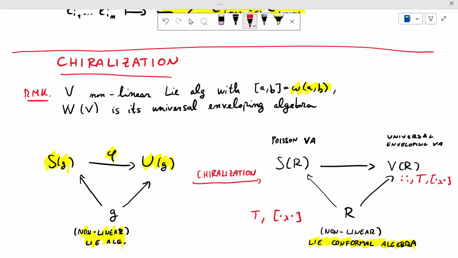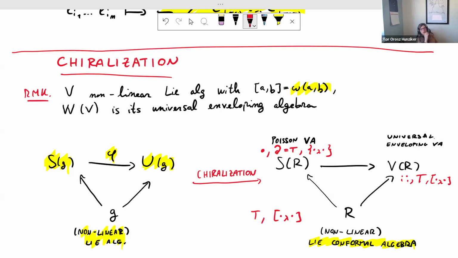And if we take the symmetric algebra of this Lie conformal algebra, we get a Poisson vertex algebra. This will be a commutative differential algebra. The differential will be T, but usually it's common here to use the notation del. And then our Poisson lambda bracket.